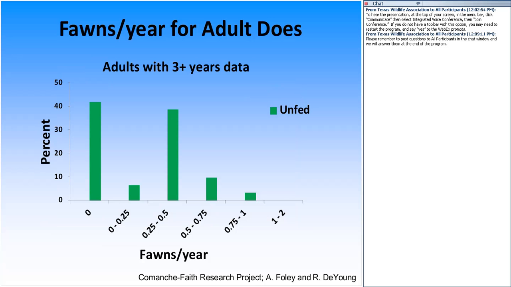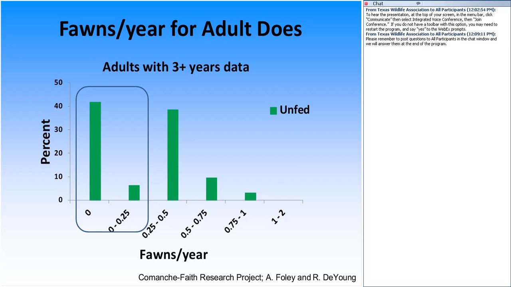And what we've got across the x-axis here is the average number of fawns per year that individual does recruited. And this, again, is based on some of the genetic analysis that Aaron Foley and Randy DeYoung did from tissues we collected from the deer in the Comanche and Faith enclosures.